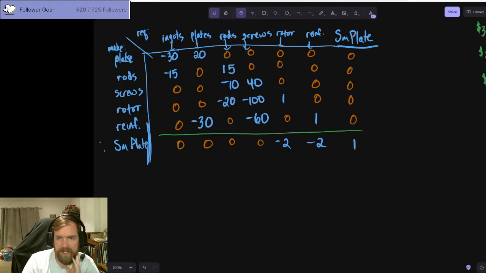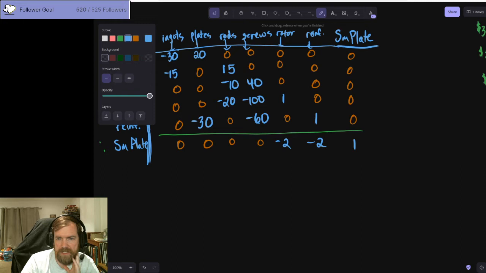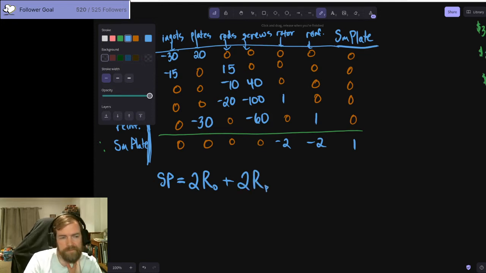So I need our smart plate is the objective function, which is going to be equal to the number of rotors plus the number of reinforced plate that we need for these things. So this is a terrible variable system, but I don't even care.